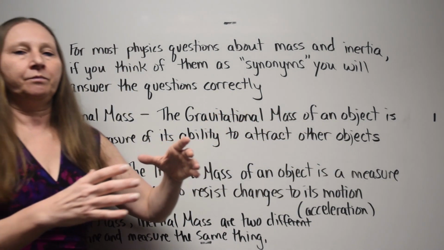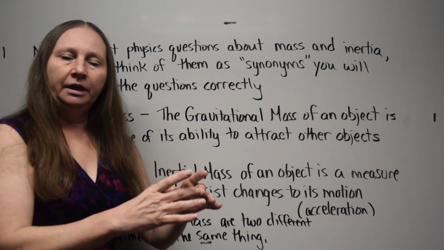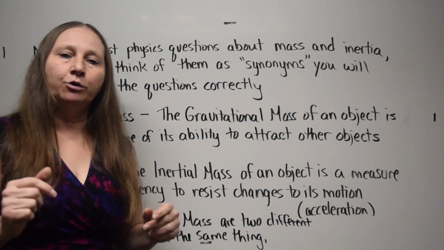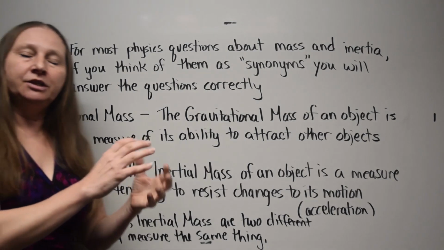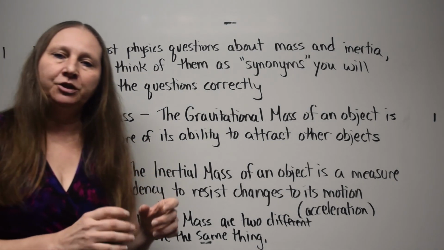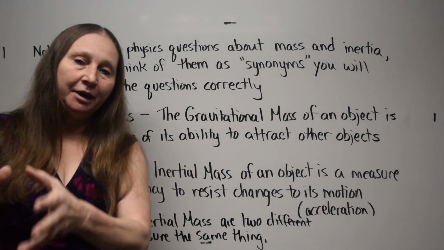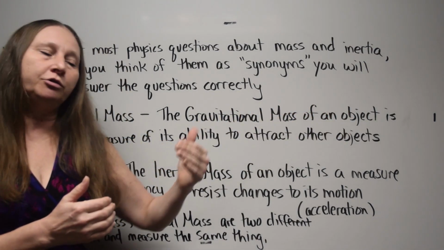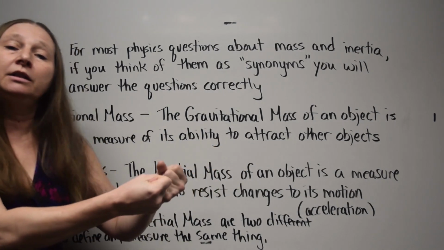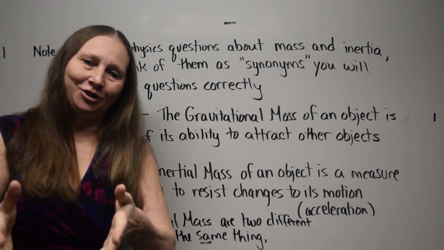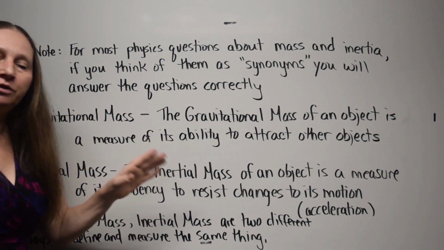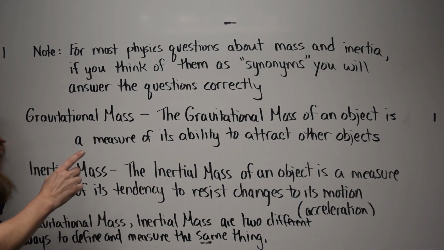So imagine you have an apple in outer space, and you've got a planet like Mars in outer space. The apple has a small gravitational mass. Mars has a much bigger gravitational mass. So the apple is not able to attract objects with the strength that Mars is able to attract objects. We'll be talking about this in this video in much more detail.